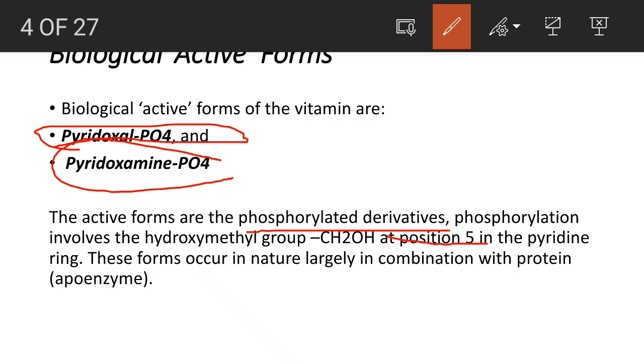These forms occur in nature largely in combination with protein, and this particular structure is called an apoenzyme. So these are the two biologically active forms, pyridoxal phosphate and pyridoxamine PO4, and these are phosphorylated forms.